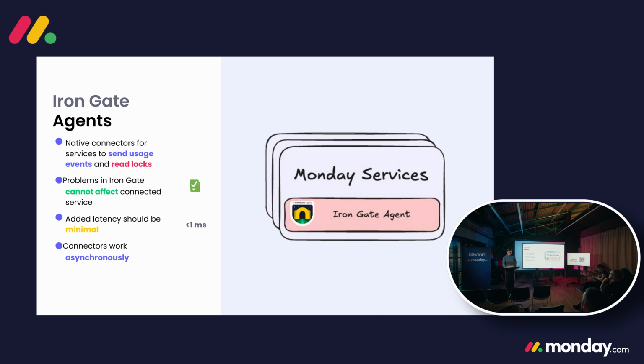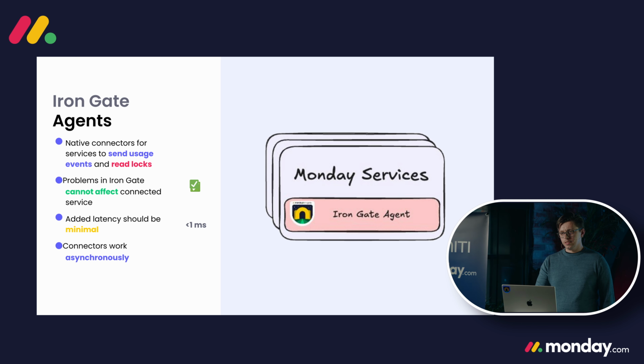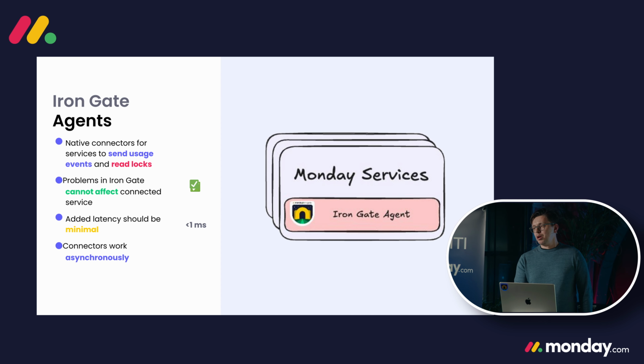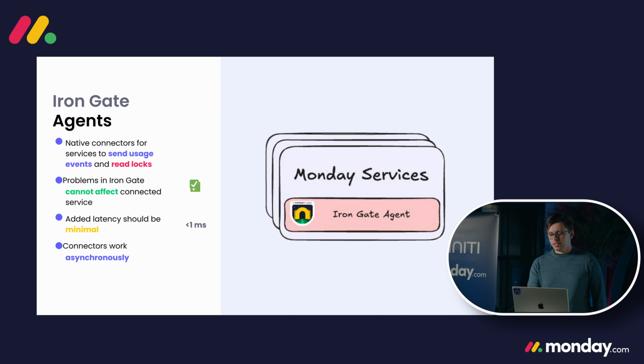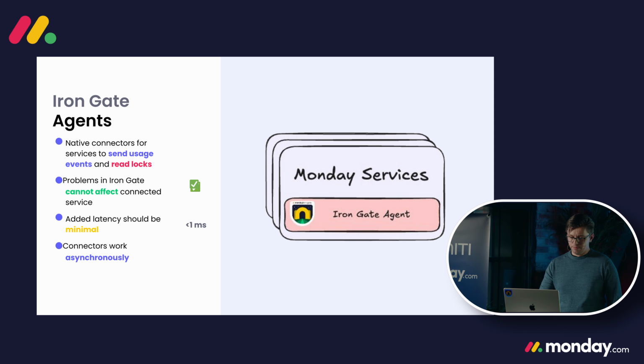Another thing that we cared about was having minimal latency on the services. Because some services operate on tens of milliseconds per request. The response time is tens of milliseconds. And if we added even more latency, it wouldn't make much sense.